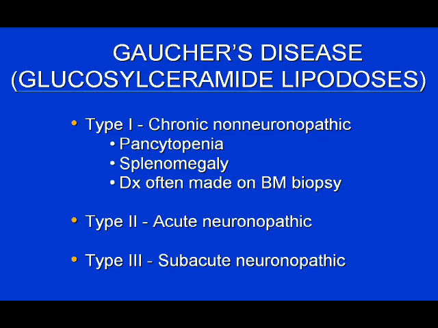And the third type, subacute neuronopathy, is usually also diagnosed in rather young children. They also have neurologic manifestations, which are usually the first tip-off of disease.